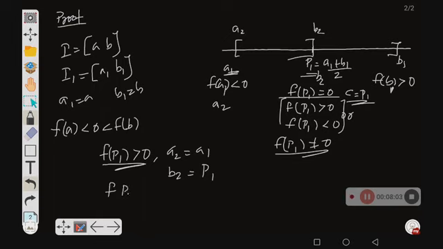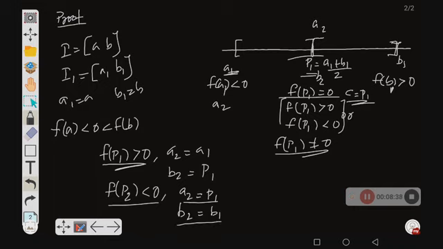But if f of p1 is less than 0, then we are setting a2 as p1 and b2 as b1.